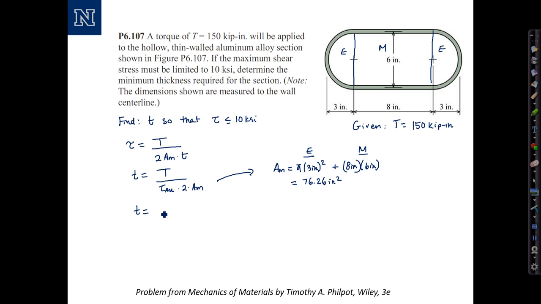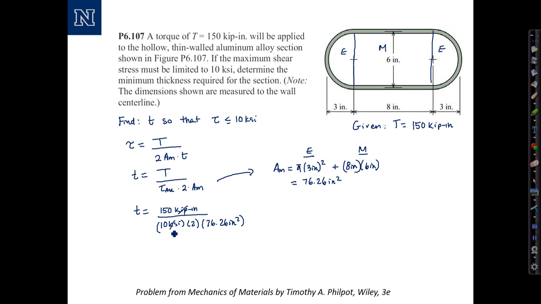Now we have everything we need. t is equal to the torque, 150 kip inches, divided by the allowable shear stress, 10 ksi, times 2 times the area to the midline, 76.26 inches squared. Let's do a quick units check.